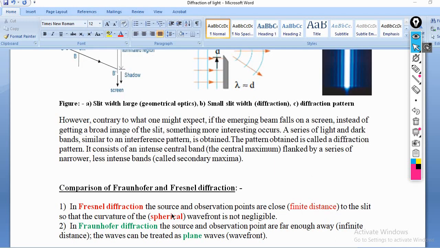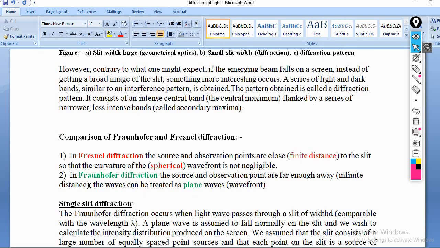In this case, the wavefronts we consider are spherical in nature, with sufficient curvature. The second one is Fraunhofer diffraction, where the source and the screen, the observation point, are far enough, almost at infinite distance. If this is infinite, then the wavefronts can be treated as plane wavefronts. One can think of a very large sphere, where a part of this sphere is considered a plane.